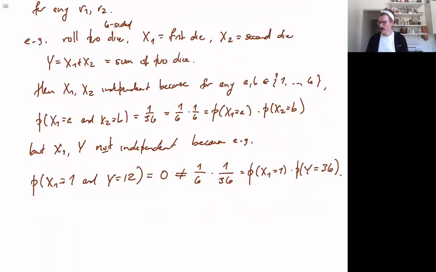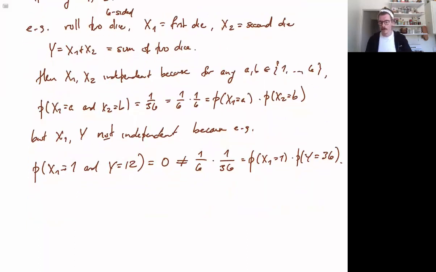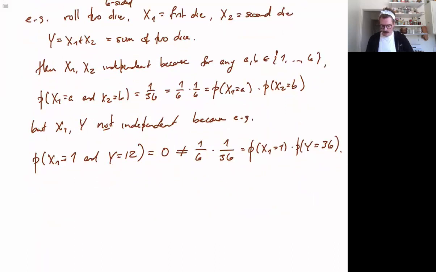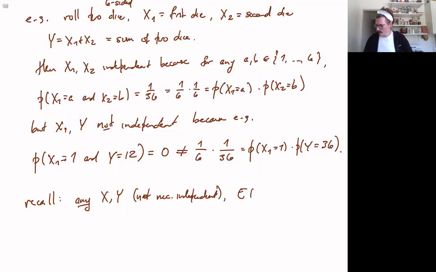So now that we have this definition, we can state our theorem, and let's put it in context of what we did before. So recall the linearity of expectation for any random variables X and Y, not necessarily independent. We have the expected value of X plus Y is equal to the sum of the expected values.